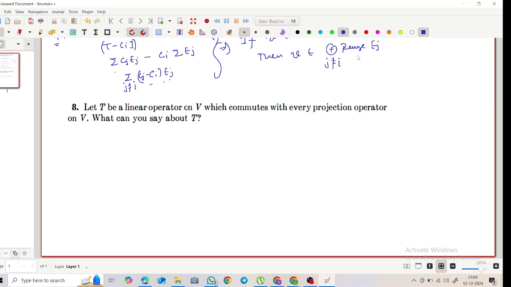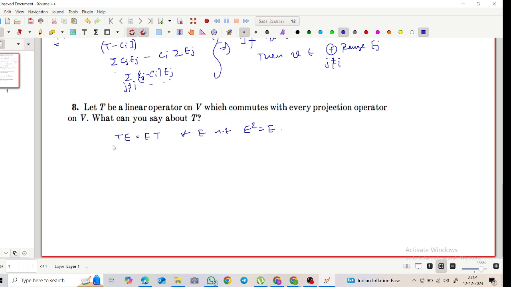I have done it in some method. So given that TE is ET for all E such that E squared is E, right?